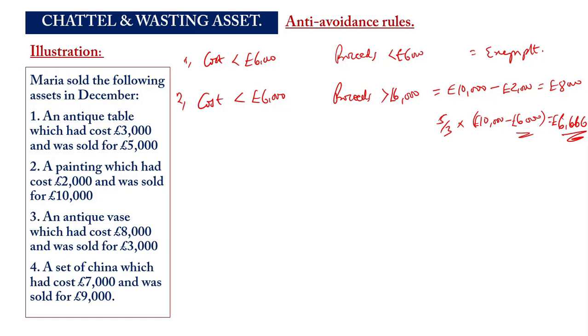Okay, let's come to the third one. An antique vase which had a cost of £8,000 was sold for £3,000. So here the cost is more than £6,000, but the proceeds is less than £6,000.